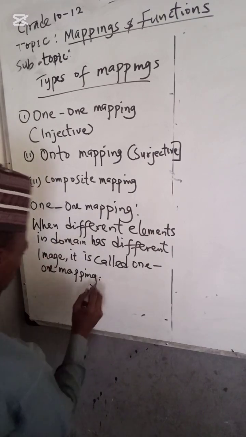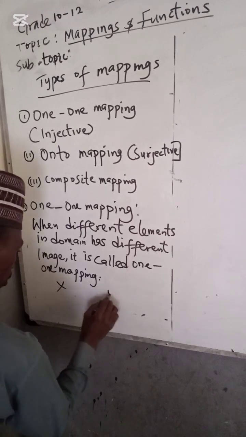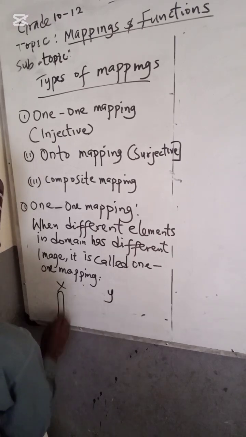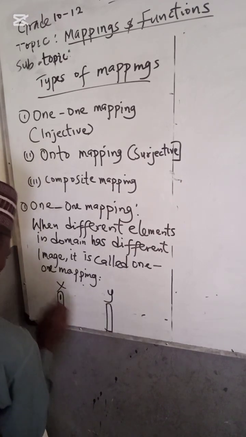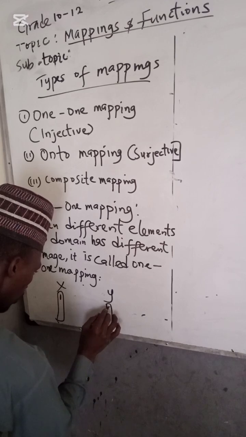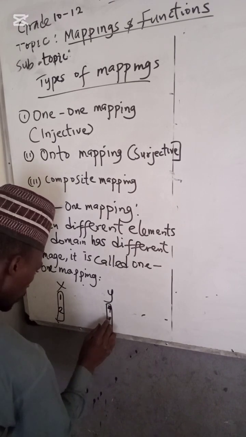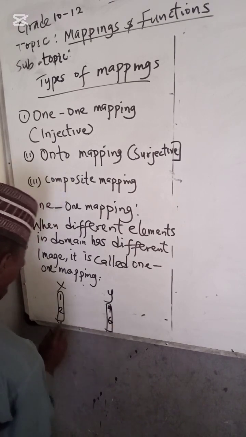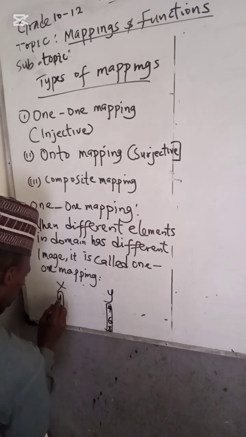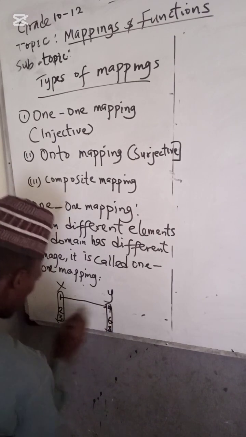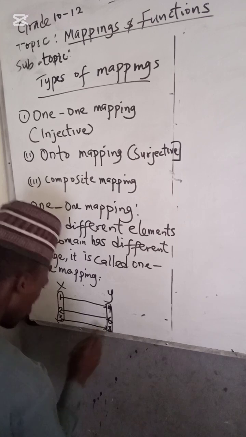Now, let's look at this relation, for example. We have X, Y. We have 1, let's say 4. We have 2, let's say 6, for instance. We have 3, let's say 8. Now, when we have this relation from this domain to the codomain, what do you notice?